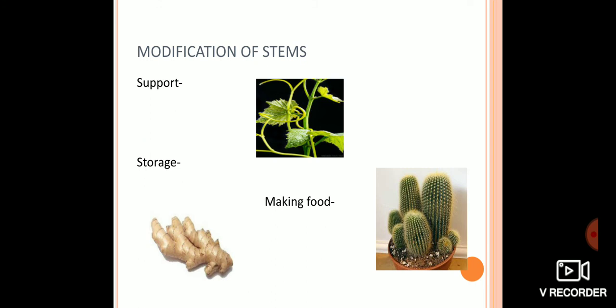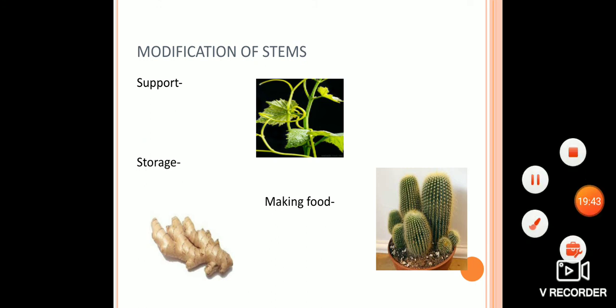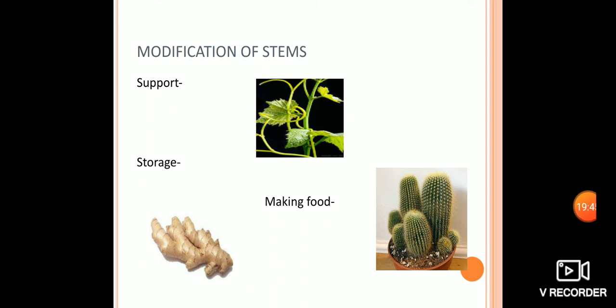The next one is the modification of stems. In some plants, stems are modified to perform other functions. The first one is support. For example, grapevine. In grapevine, stems have a slender coiled structure present on them called stem tendrils.